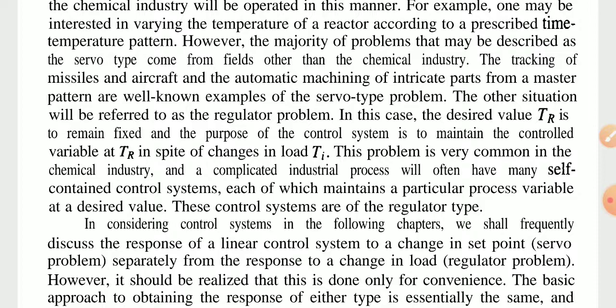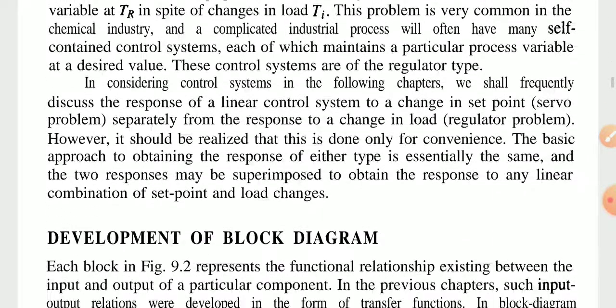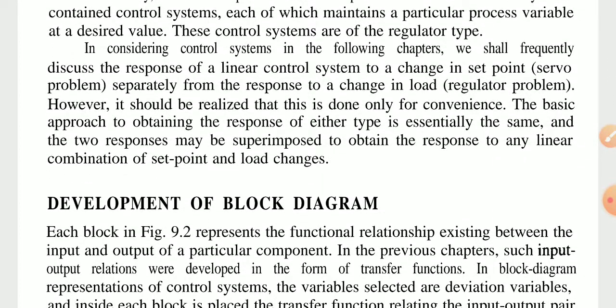These control systems are of the regulator type. In considering control systems in the following chapter, we shall frequently discuss the response of a linear control system to a change in set point.